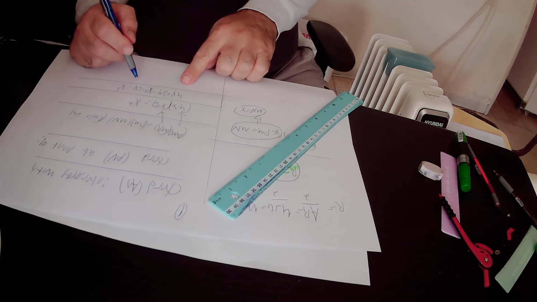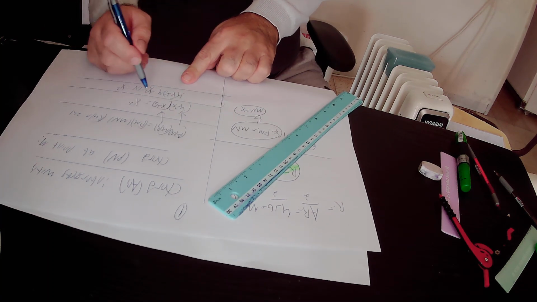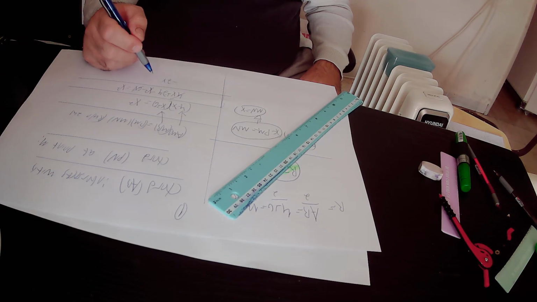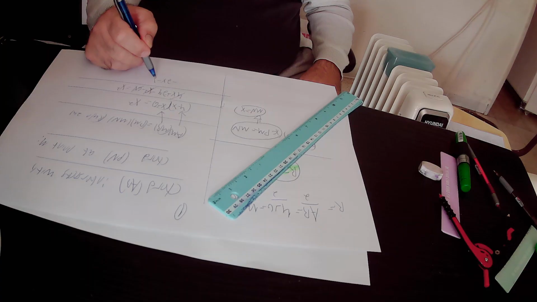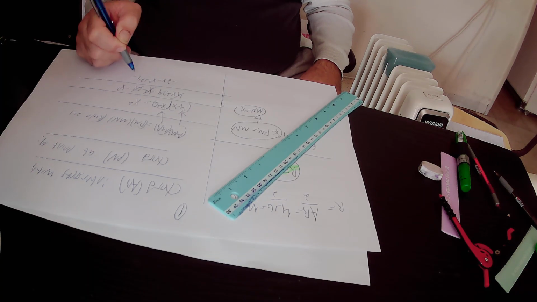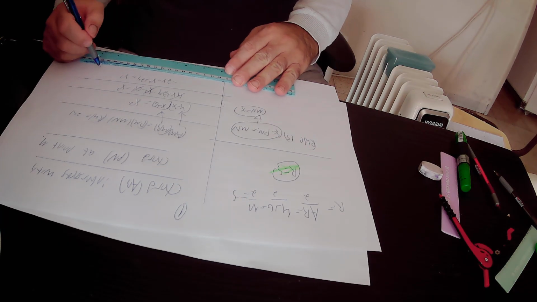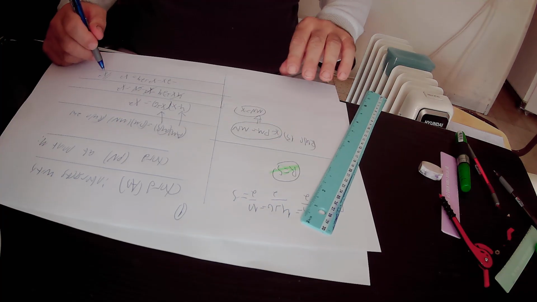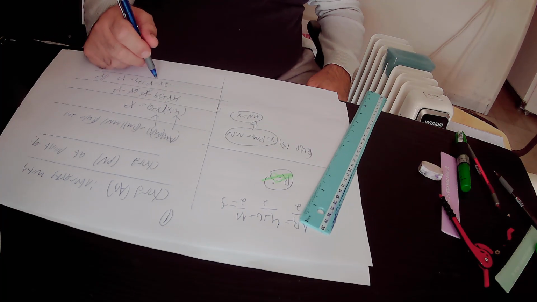So on this side of the equation we have 4x minus 6x is minus 2x, minus x squared, plus 24 equals x squared. So here we will add x squared to this equation, and finally here x squared will get cancelled.